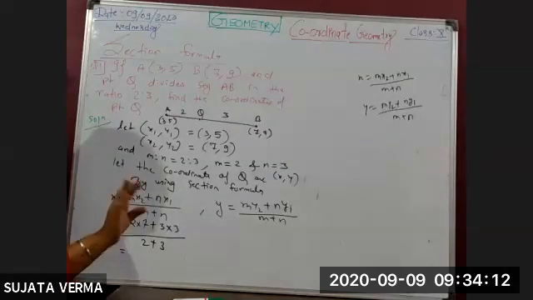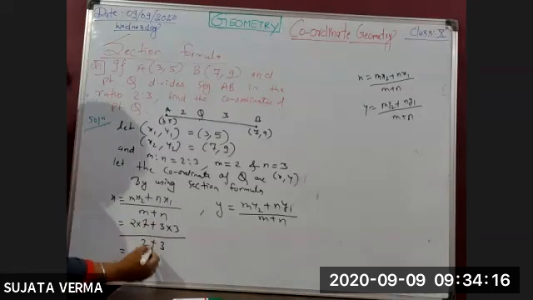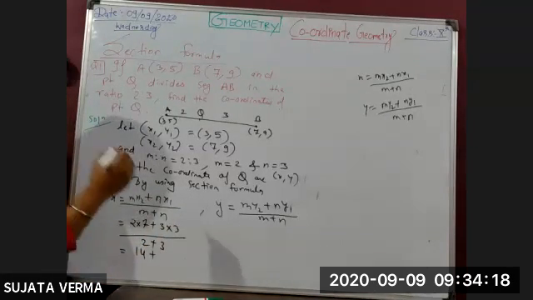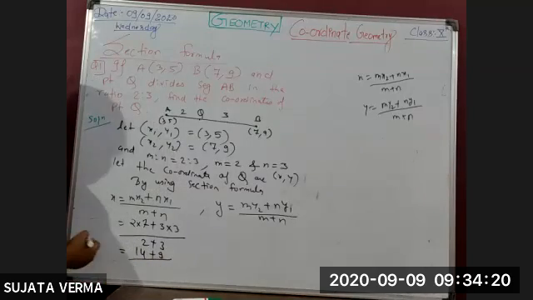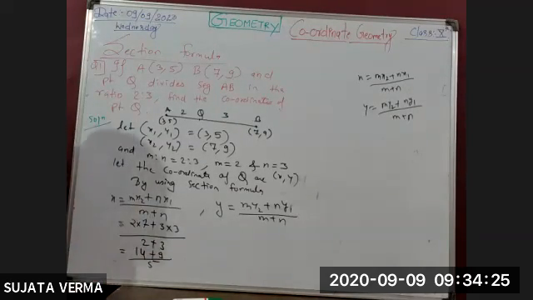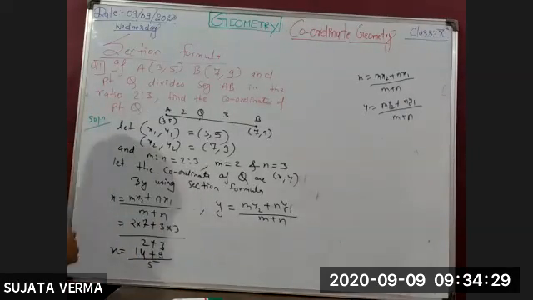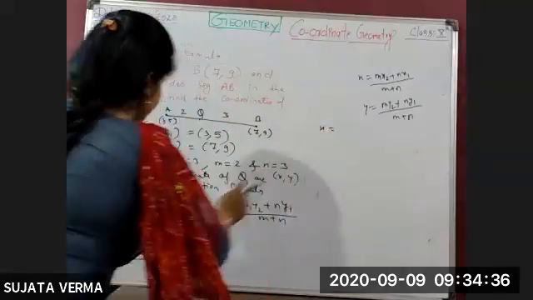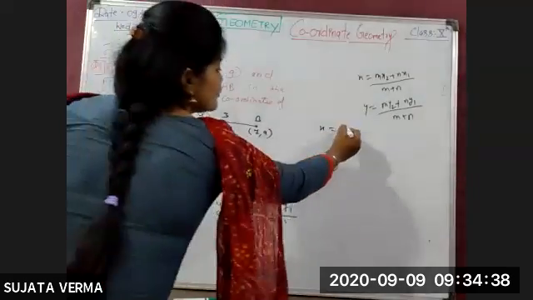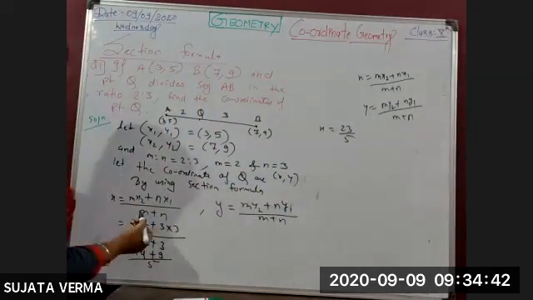Solve. 2 sevens are 14 plus 3 threes are 9 upon 2 plus 3, which is 5. So we get x equal to 14 plus 9 divided by 5, that is 23 by 5.